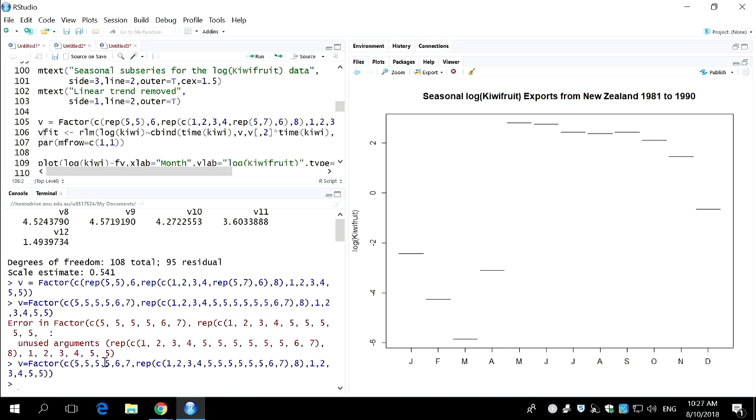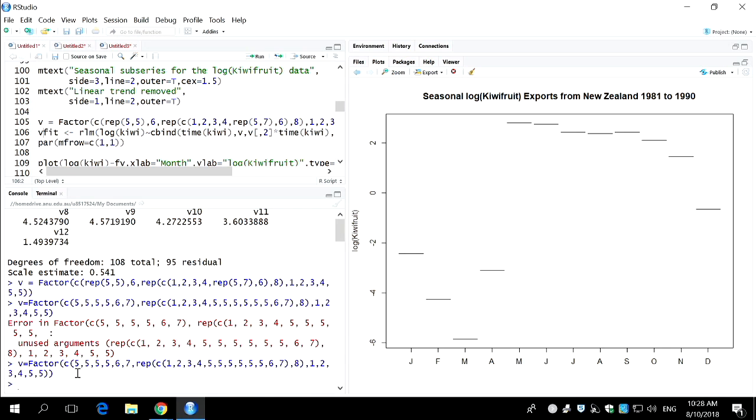You set up your season so that the numbers in that seasonal vector line up with when your data starts and ends. So if your data started in January, that seasonal vector would start with a 1, 2, 3, 4, and so on. I know this is a little bit complicated, but I just wanted to show you an alternative here for these different approaches.